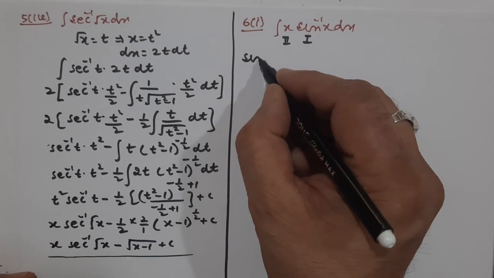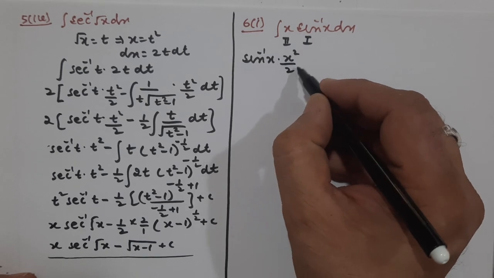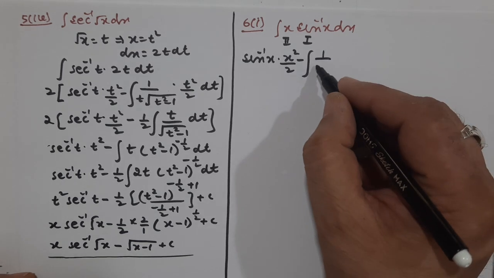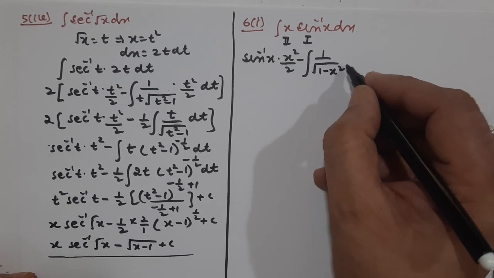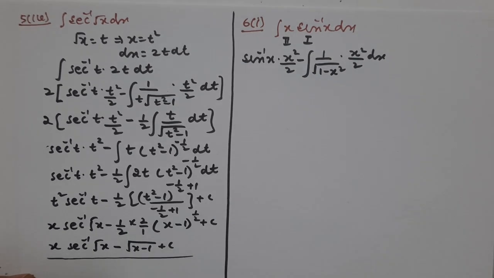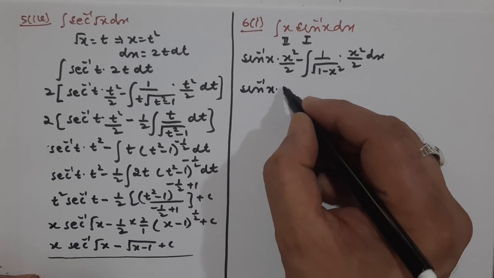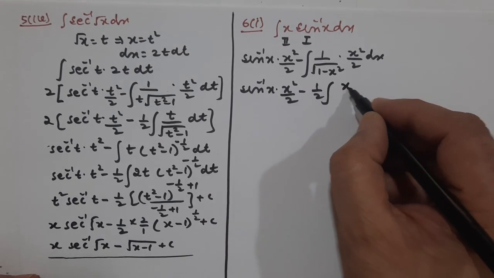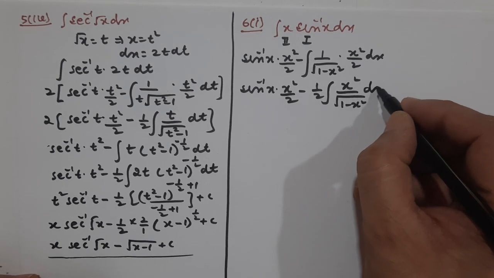So we write first function, integral of x is x square upon 2, minus derivative of first, so derivative of first is 1 upon under root 1 minus x square, into integral of second, this is x square upon 2 dx. So we get sine inverse x into x square upon 2, minus 1 upon 2, x square upon under root 1 minus x square dx.